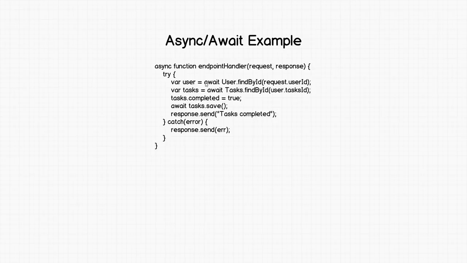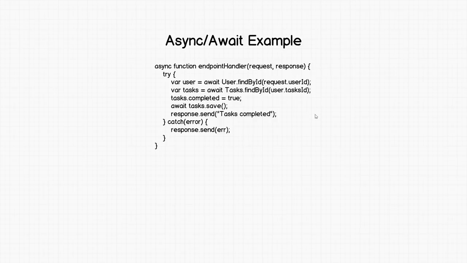So this pretty much awaits this function to be resolved, and then it stores the result of it in the variable that we assign on the left. And now this next line, tasks equals await tasks.findById, will only execute after user equals await user.findById gets resolved.